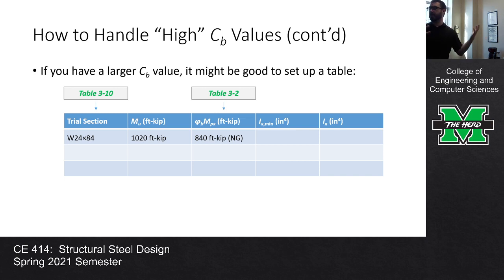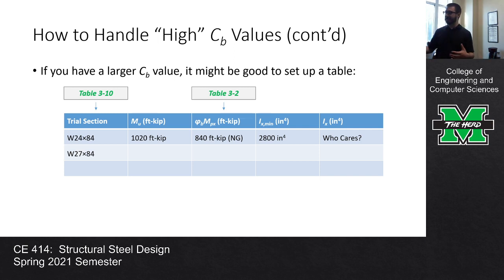Now, remember, whenever you get a trial section and you find one that works, you also want to check its moment of inertia against the minimum moment of inertia requirement. But for this instance, who cares whether or not the moment of inertia works, because the W24x84 is no good. There's really no point in doing this until you have a section that has adequate moment capacity.